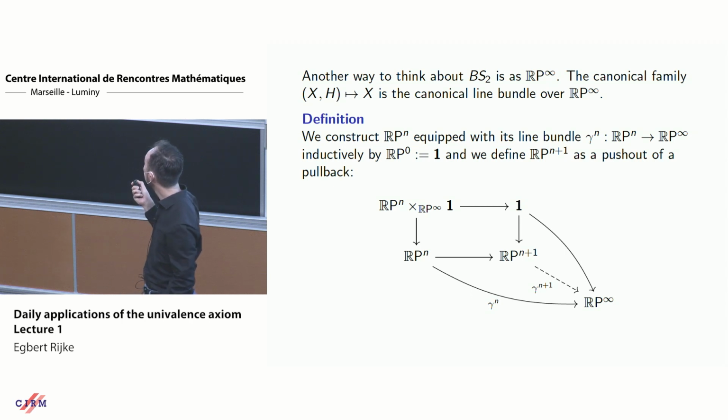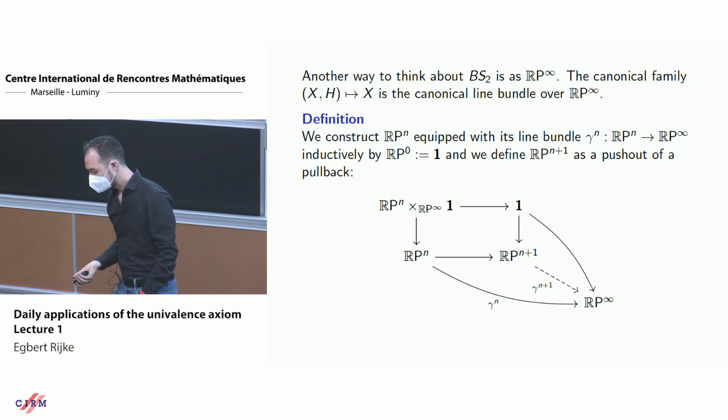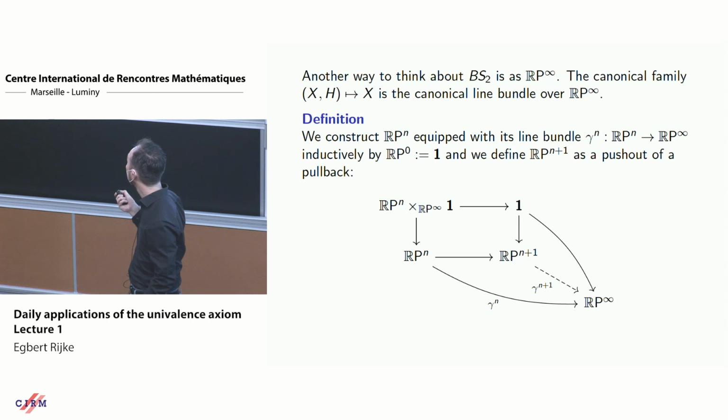So we take BS2 as our model for RP infinity, and now we want to construct by induction RP^n out of this. And how do you do this? You say, okay, RP^0, that's going to be contractible, because in R^1 there's only one line. Of course this has the canonical tautological bundle.